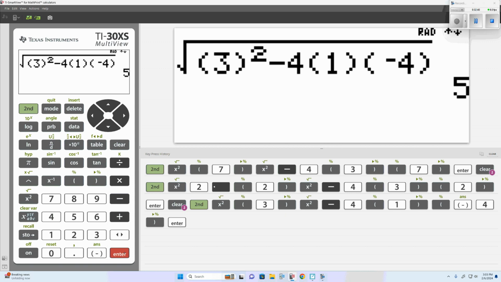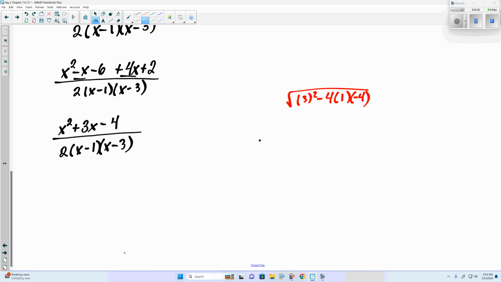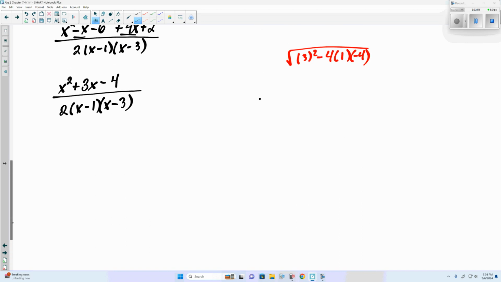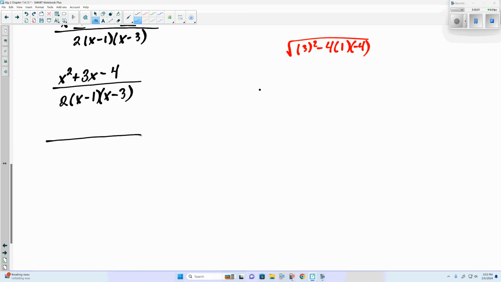No decimal, which means that factors. Because if we get a whole number, a number without a decimal, all that's telling us is that x squared plus 3x minus 4 is factorable. Now, it's not going to be 5, because the 5 is just telling us that our x squared plus 3x minus 4 will factor.